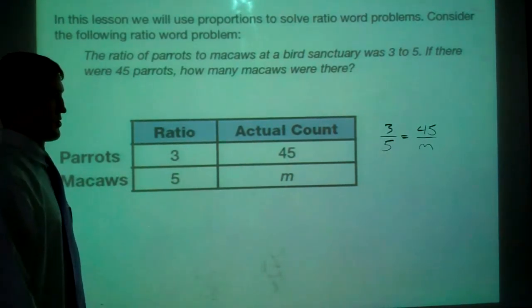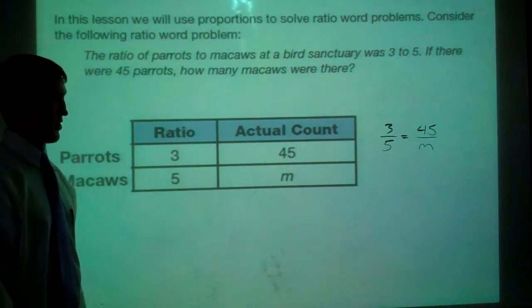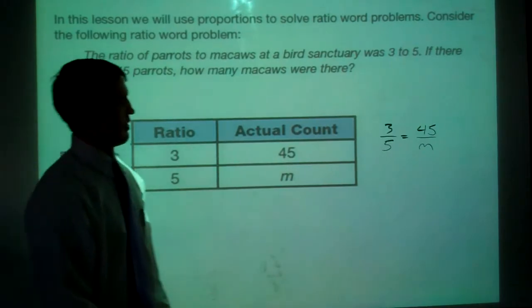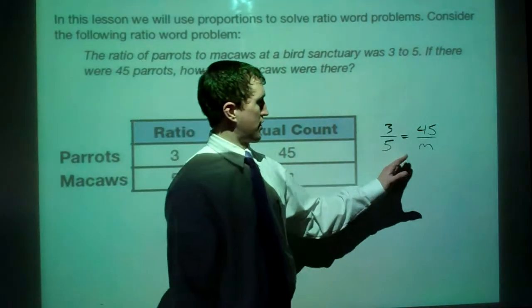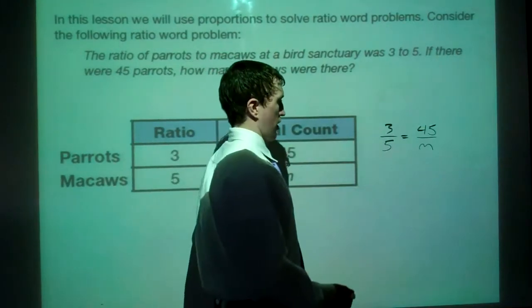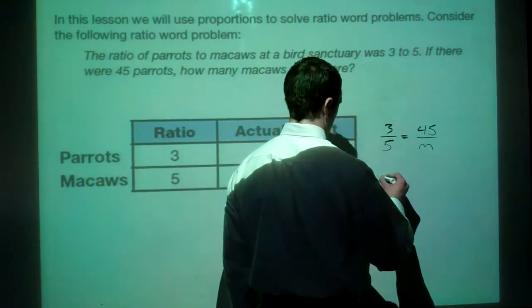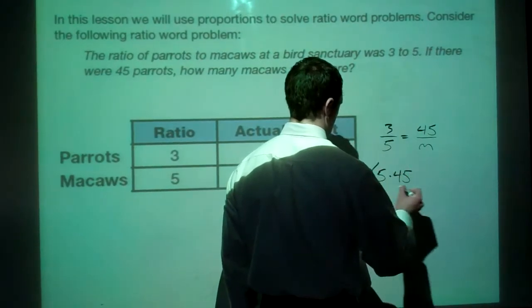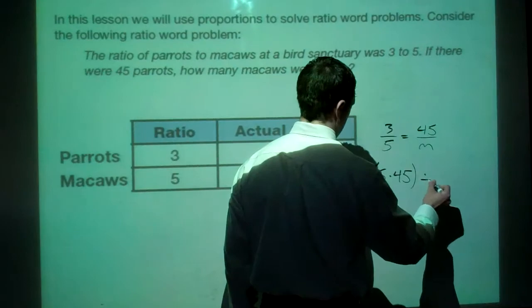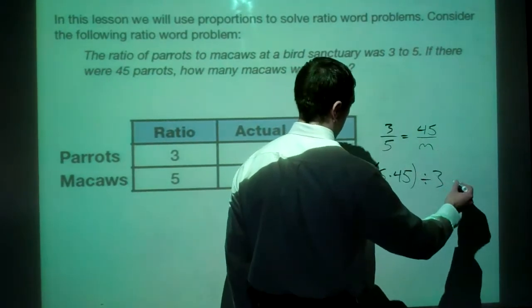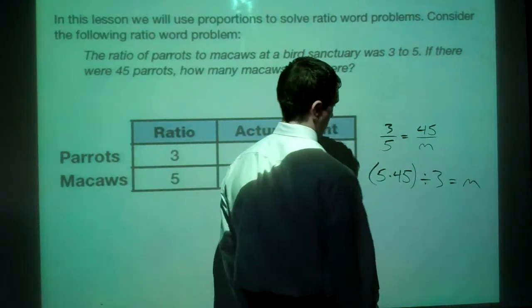One thing that we could always do once we have this proportion set up is we can solve for m with the cross multiply divide. That's where we take 5 times 45 and then divide by 3, the one across from the letter diagonally. So 5 times 45, do that first, and then divide by 3, and that should give us what m is. Okay.